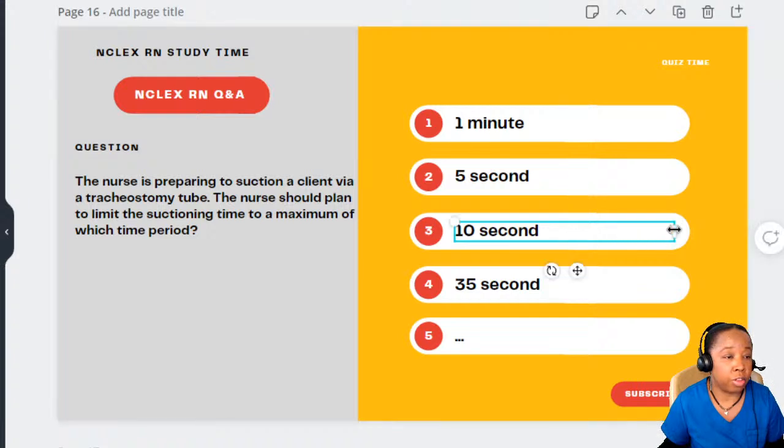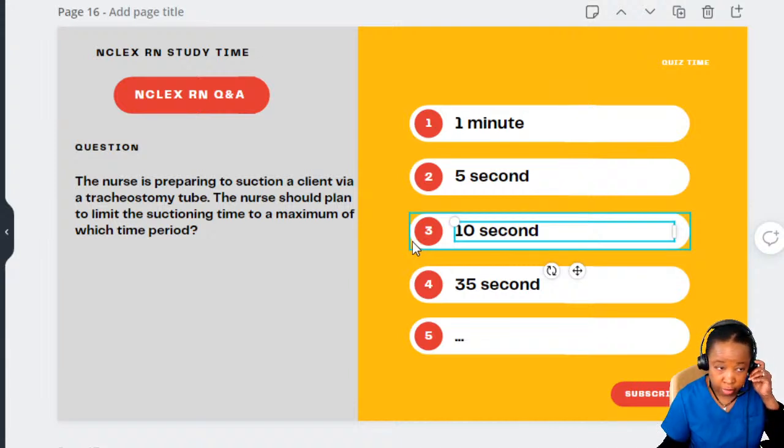Okay. 3 is the best option, 10 seconds. The reason you cannot spend too much time suctioning the patient is because each time you suction, while you're removing the secretion, you're also removing oxygen.